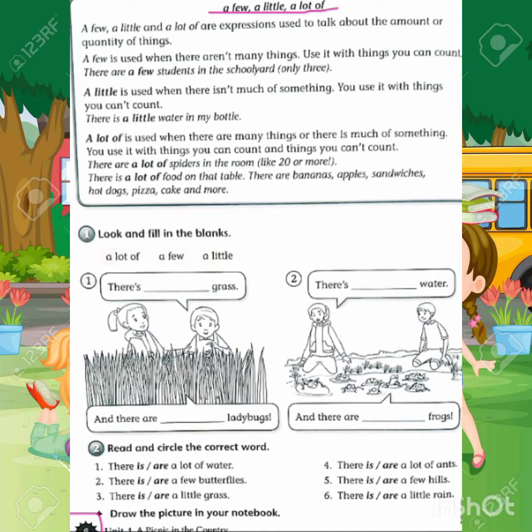Repeat. A few, a little, and a lot are expressions used to talk about the amount or quantity of things.